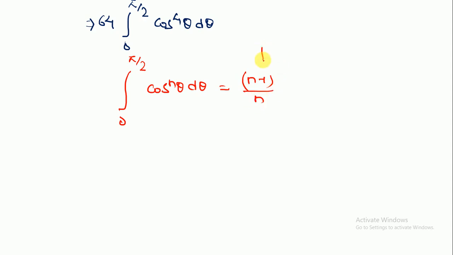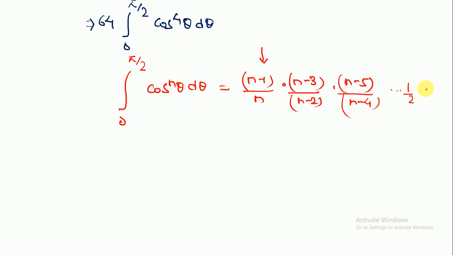You just have to remember the first factor and then reduce by 2 in numerator and denominator, into n minus 3 by n minus 2, and similarly further reduction, n minus 5 by n minus 4, till 1 by 2. If n is even, that is, the cos power is even, then it will be multiplied by pi by 2. And if n is odd, then you repeat the same factors, stopping at the factor 2 by 3, and we multiply it with 1.